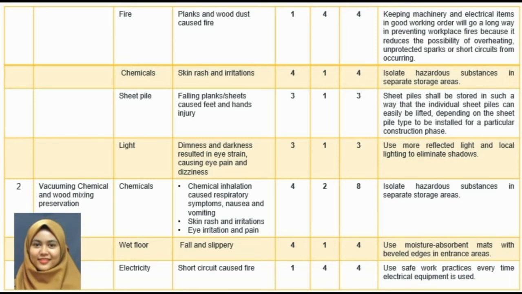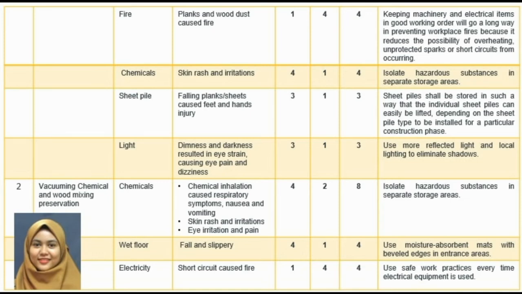we have the types of hazard: chemicals, wet floor, electricity, and fire. The first is chemical. Chemical inhalation causes respiratory symptoms, nausea and vomiting, skin rash and irritation, eye irritation and pain.